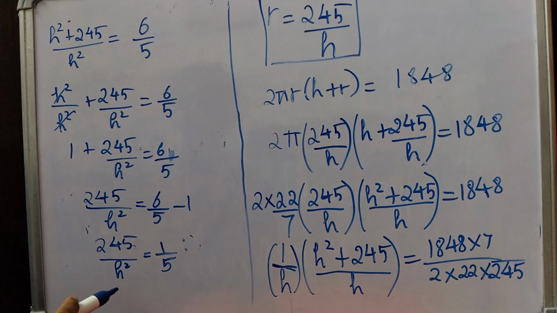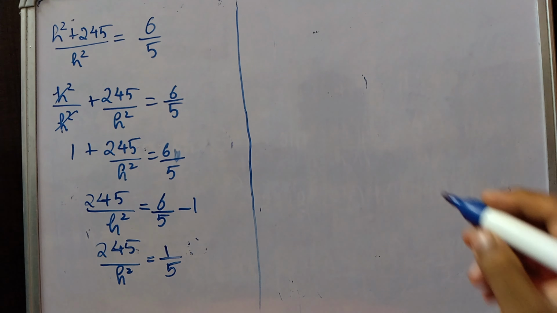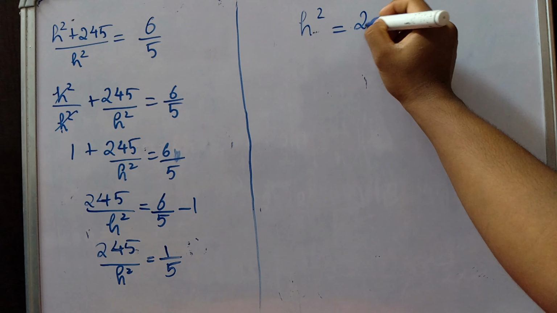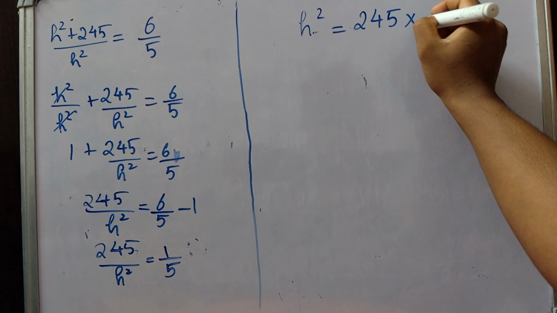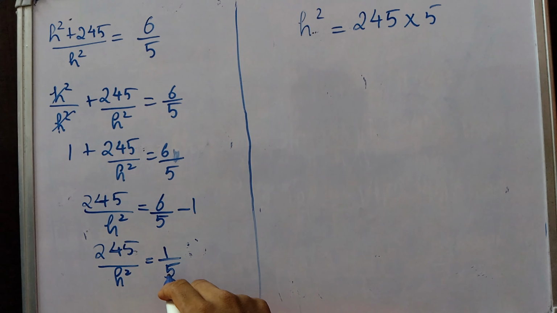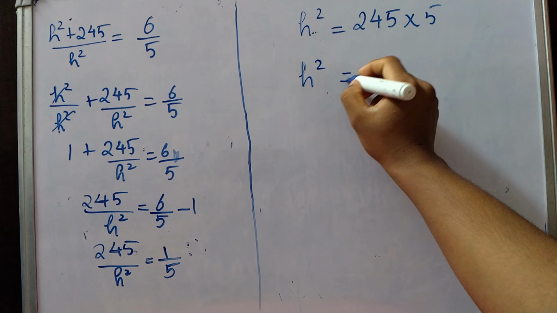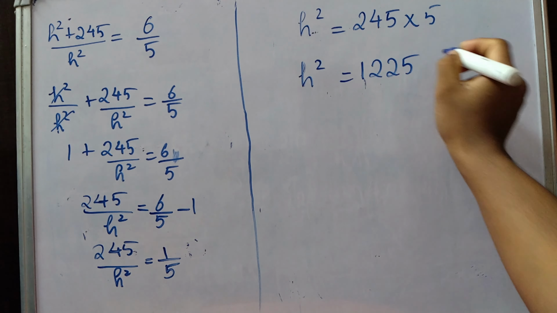Now we take H square to the numerator and the 5 to the other side, so H square is equal to 245 into 5, that is 1225.